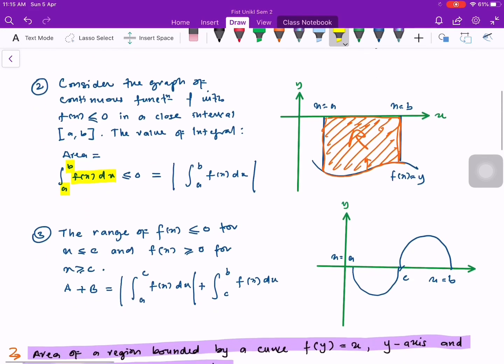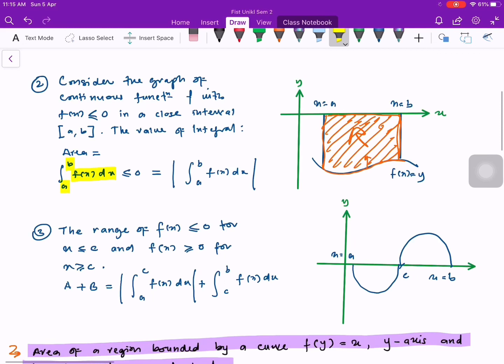Okay, and then lastly we have case di mana kita ada di bahagian positif dan negatif, di mana gambar rajah ni. Okay, so let's say that we have f(x) is less than or equal to 0 for x less than c. Okay, so kita ada yang ini, kita ada region yang ini dengan x-axis.